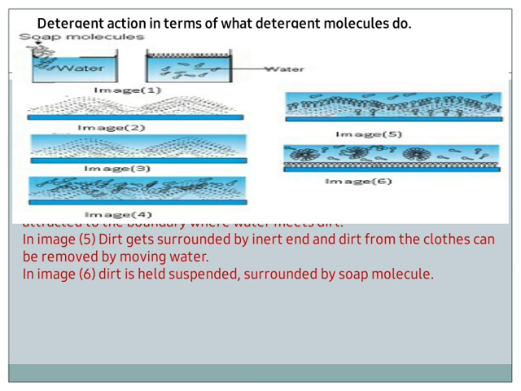The fourth figure shows when detergent is added, the other end of the molecules gets attracted to the boundary where water meets dirt. The fifth figure shows dirt gets surrounded by the inert end and dirt from the clothes can be removed by moving water. And the sixth figure shows dirt is held suspended, surrounded by soap or detergent molecules.